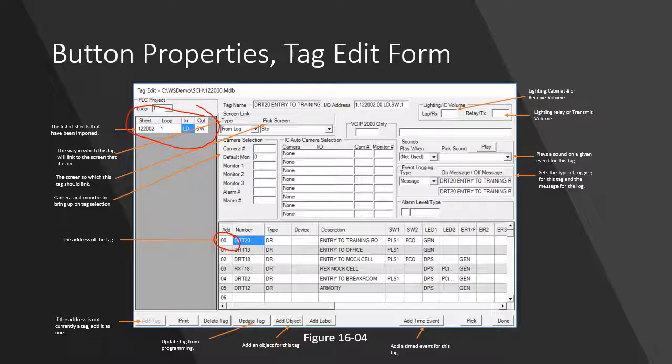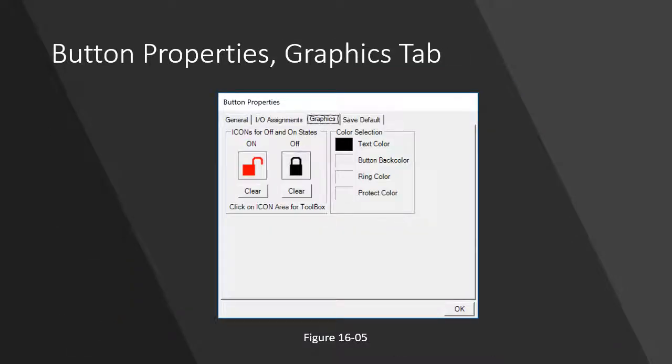You can add a timed event for this tag, which will then be managed in ProVision, which we talked about in an earlier presentation. If you want to use this with the associated object that you're working on, then simply click the pick button, and that will use this tag for that object.